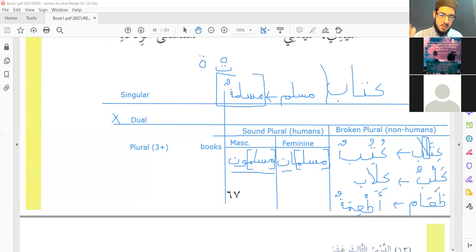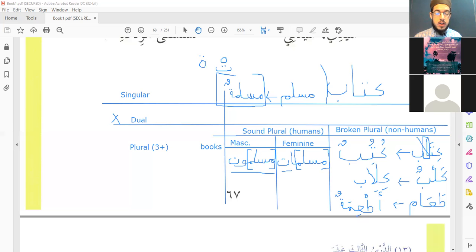So this is not to be exhaustive. This is just our first introduction to plurals. The most important thing is your expectations have been set. You understand now what the categories are. We have singular, easy. Just like Arabic forces every noun through a gender binary, male, female, everything is also in a binary of human, non-human in the plural.